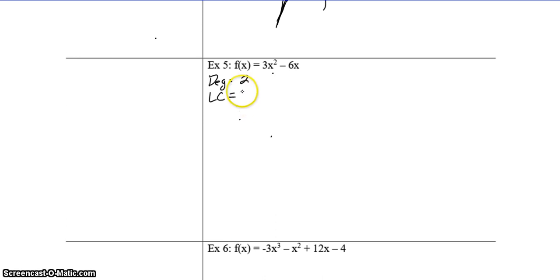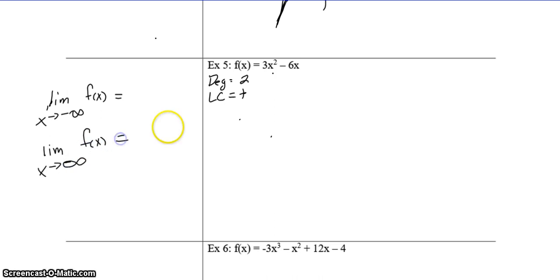So from before, that means if we need to write it out, left-hand behavior of the function and the right-hand behavior of the function f of x are equal, and they're both positive.